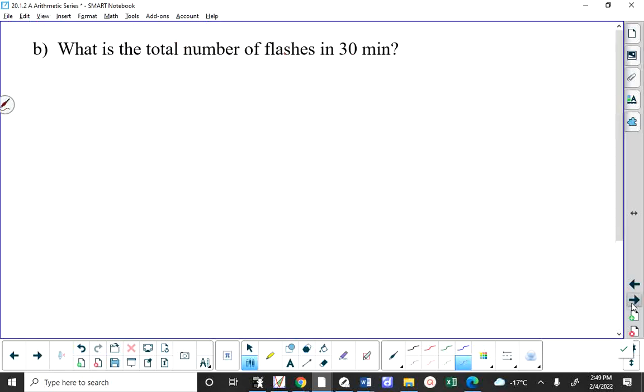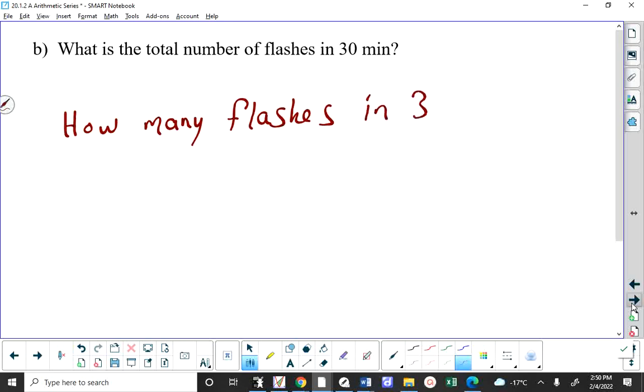Part B says, and I'm actually going to rephrase this. What if I said, how many flashes in 30 minutes? And I am going to change that for next time in my note package.